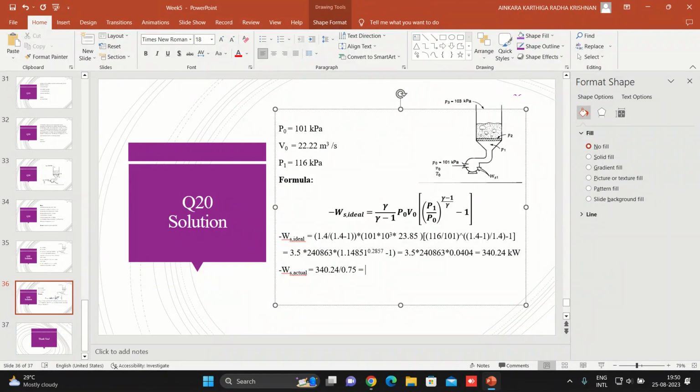That is giving us 453.65, 454 kilowatts.